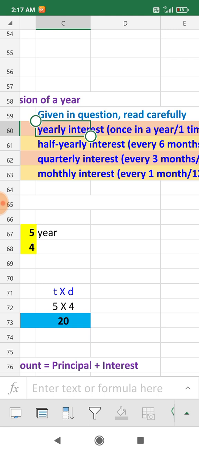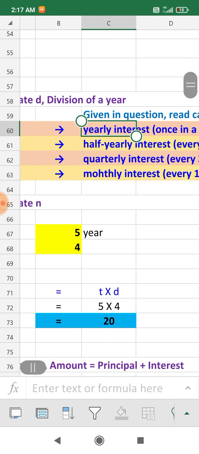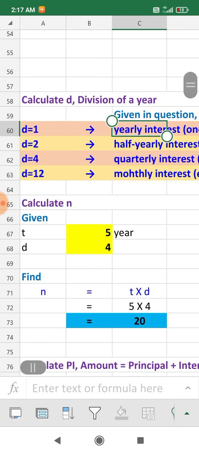That means interest will be paid once in a year. In case of yearly interest, D will be 1.